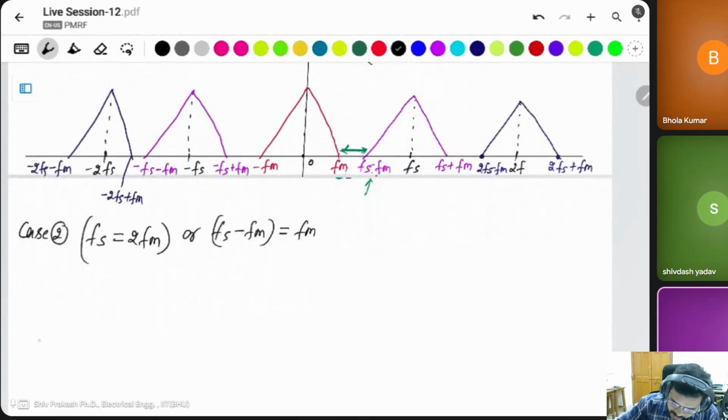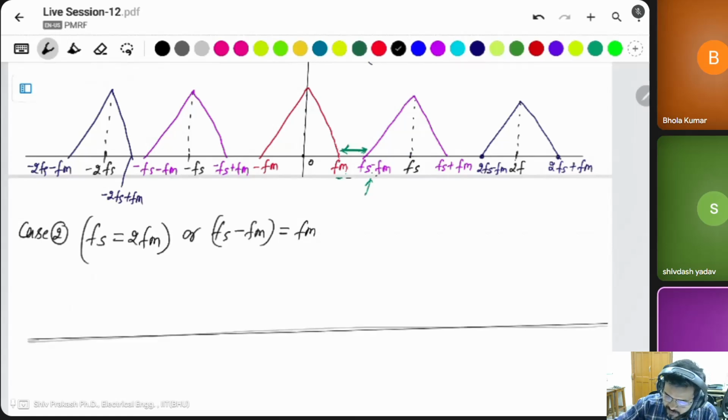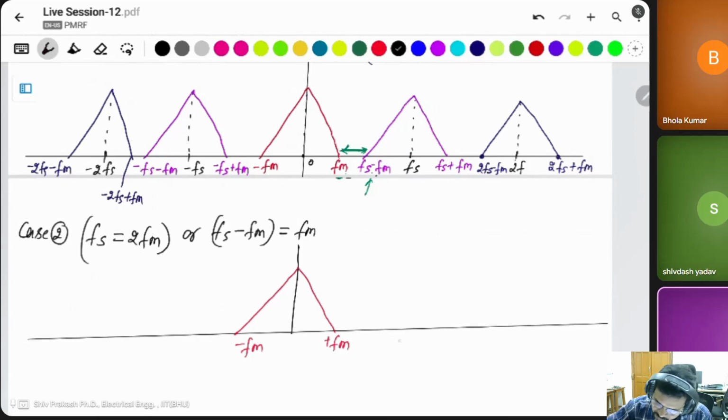In this case, same thing: this one is minus Fm plus Fm. It is at Fs, 2Fs, minus Fs, minus 2Fs.